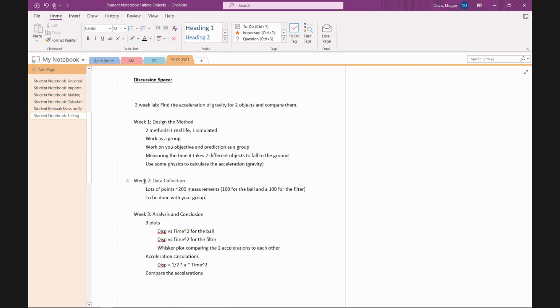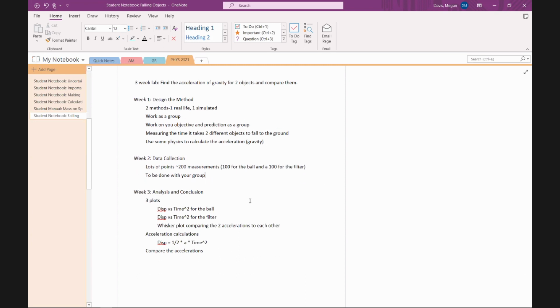Are there questions about week 2? Okay. Then week 3 is your analysis and conclusion. You will have 3 plots in total. You're going to have a plot of displacement versus time squared for the ball.